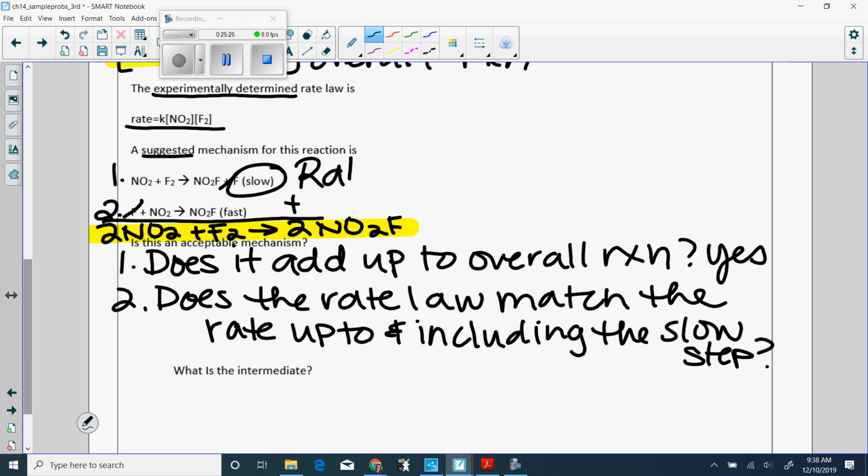If I only look at the slow step and I'm playing that game, rate equals K times the concentration of NO2, because that's my reactant, first power, first order, because there's only one of them, times the concentration of F2 to the first power, because there's only one of them.